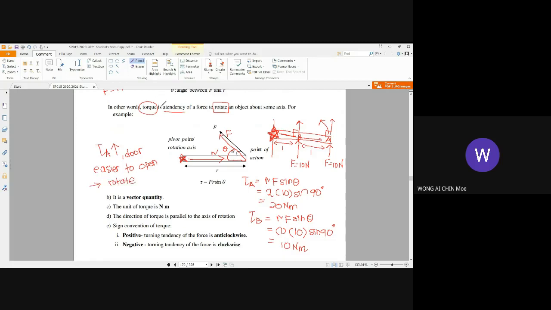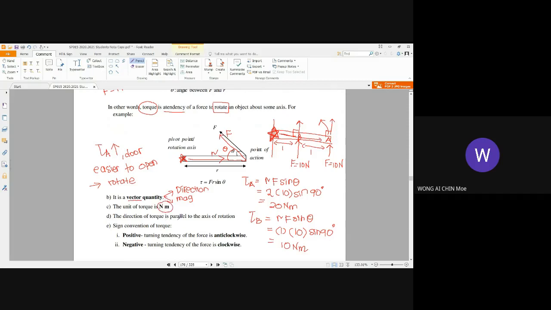Okay, so torque is the tendency of the force to rotate, meaning that when your torque is greater, your door or your object is easier to rotate. Torque is a vector quantity, meaning that we need to consider the direction and also the magnitude. And the unit for torque, because it's FR, is Newton meter.